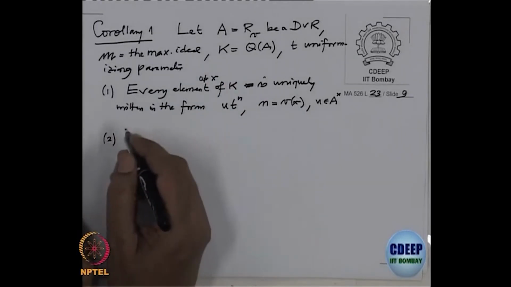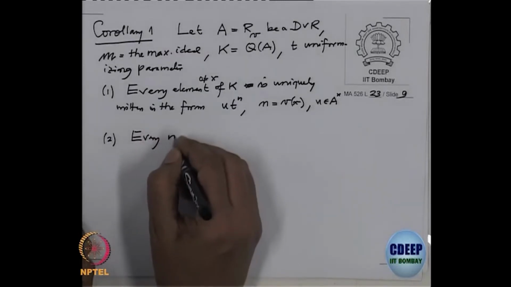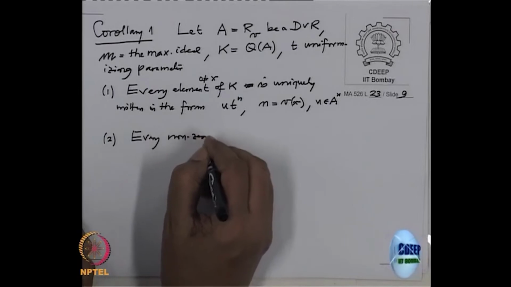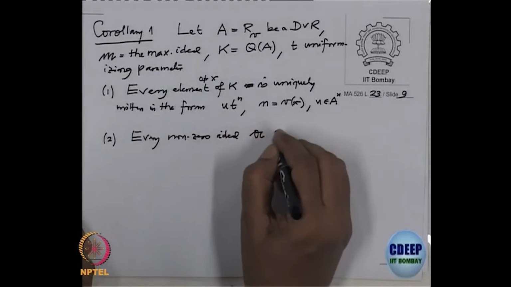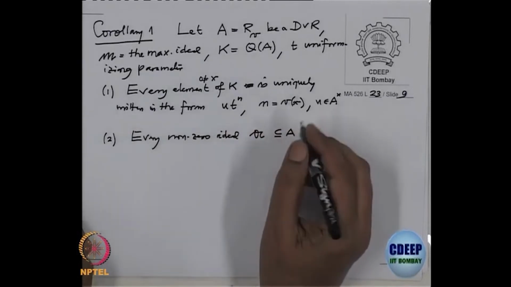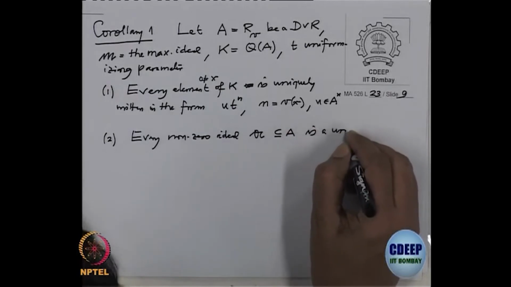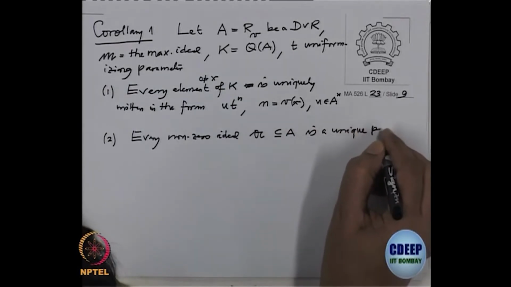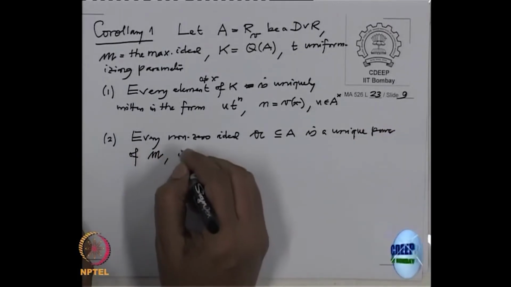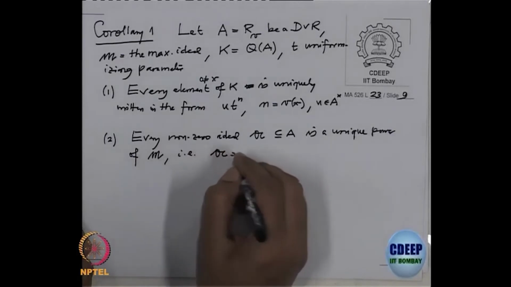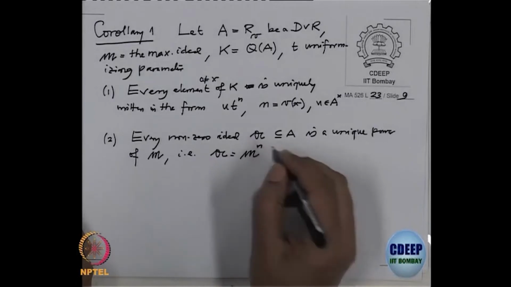Two, every non-zero ideal a in A is a unique power of M. So that is, a is M to the power n.